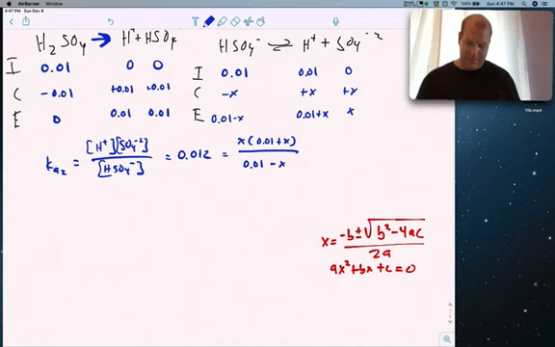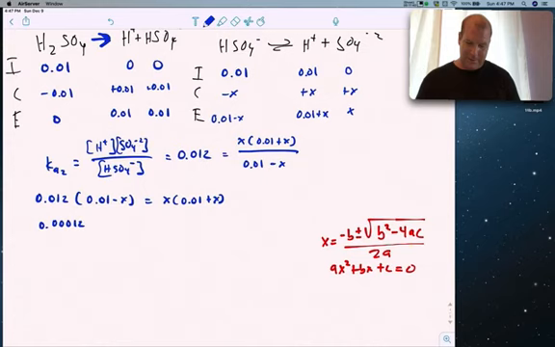So let's keep on down here. 0.012 times the quantity 0.01 minus x equals x times 0.01 plus x. So now I have to FOIL both of these. So 0.00012, is that right?